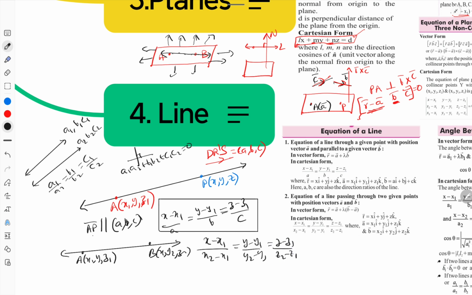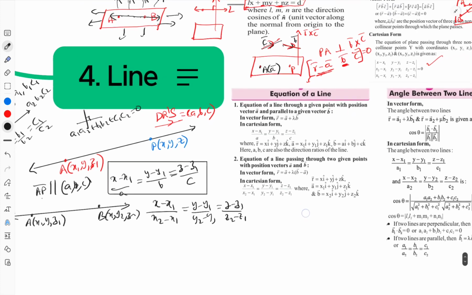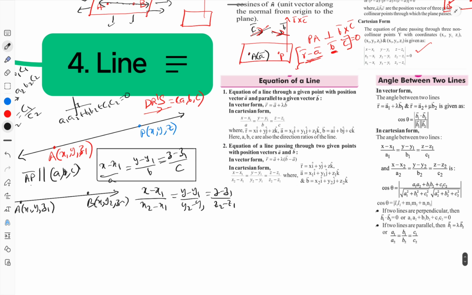This is the equation of a line. Right. Now we can talk about a few points. The vector form of the equation of a line is r bar equal to a bar plus lambda b bar, meaning passing through a bar and parallel to b bar. When you write a line equation as x minus x1 by a, y minus y1 by b, the denominators represent the DRs of the line, and this (x1, y1, z1) is the point on the line.